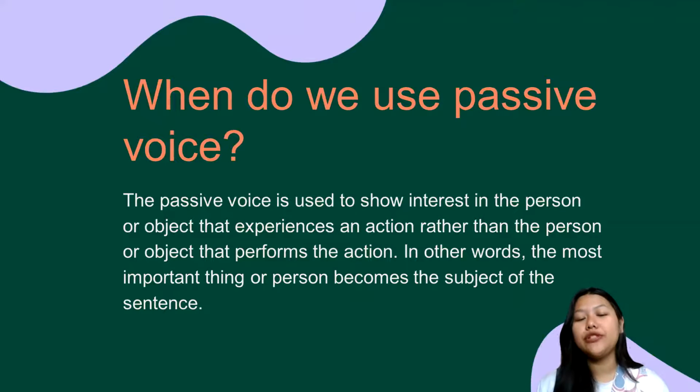So when do we use passive voice? The passive voice is used to show interest in the person or object that experiences an action rather than the person or object that performs the action.